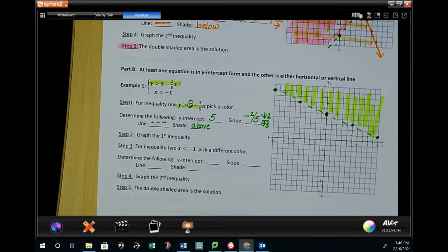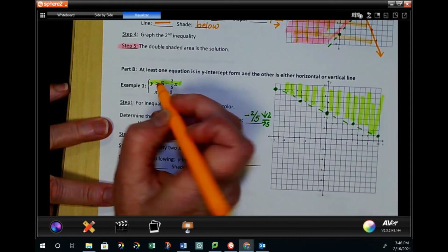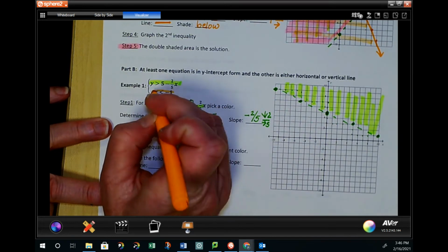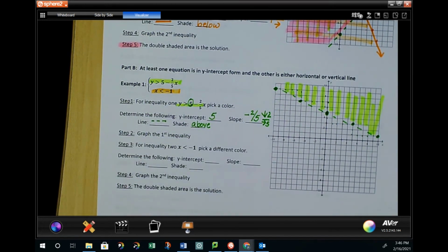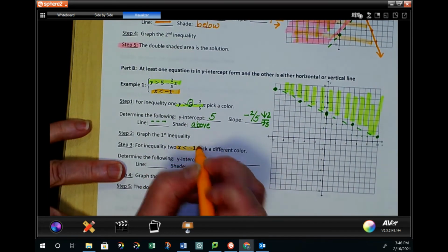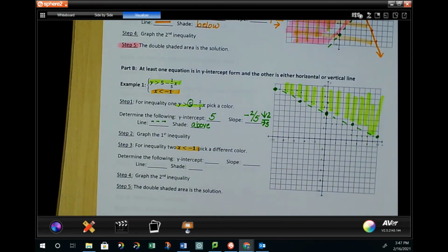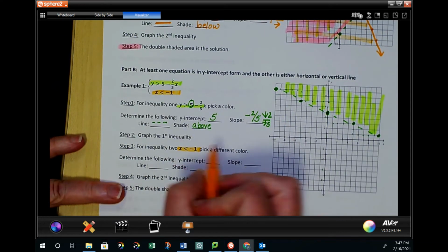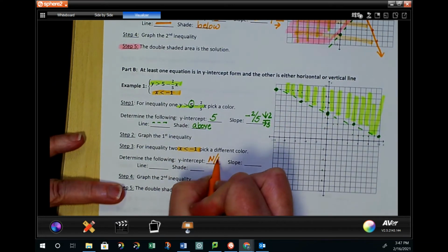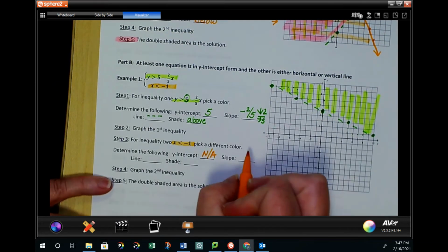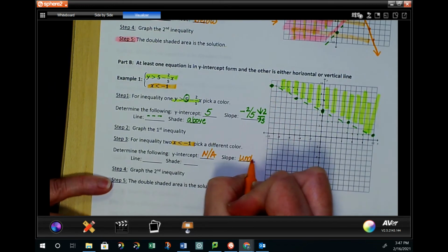So I've got that. Now my second one is special because it's x is less than 1. So when x is less than 1, remember when those are special, determine the following: y-intercept. If it's an x equation, it's none. And then the slope is undefined because it's an x.